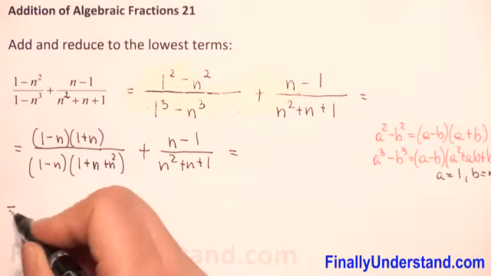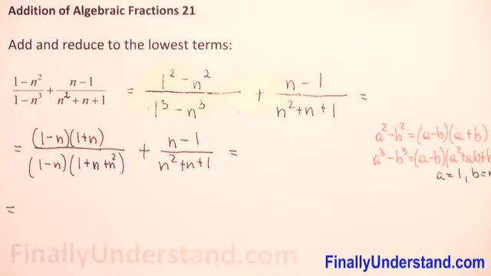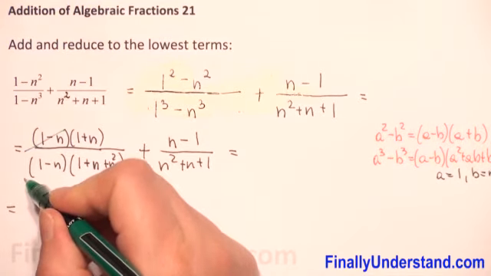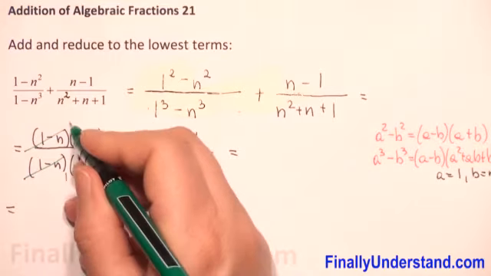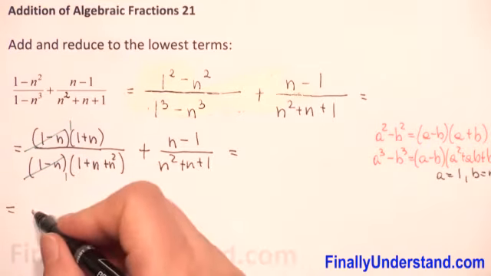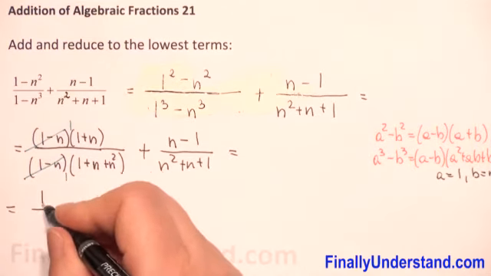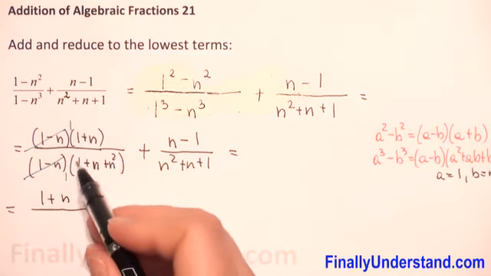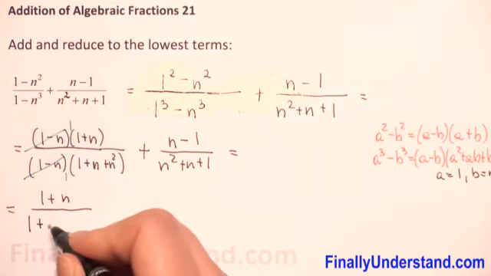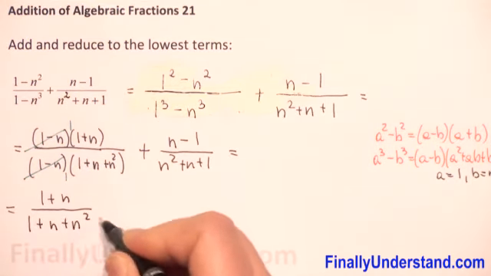So this is equal. Now when we have multiplication, we can reduce 1 minus n and 1 minus n will be 1. And now 1 times 1 plus n is 1 plus n, and 1 times this whole expression will be the same expression, so this 1 plus n plus n squared.